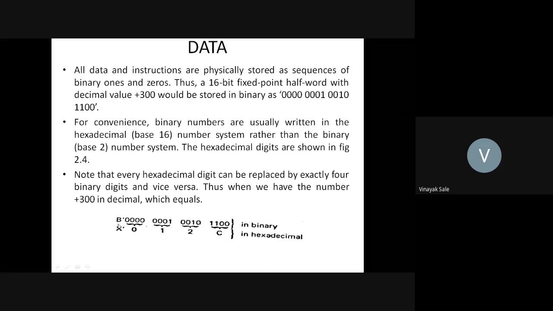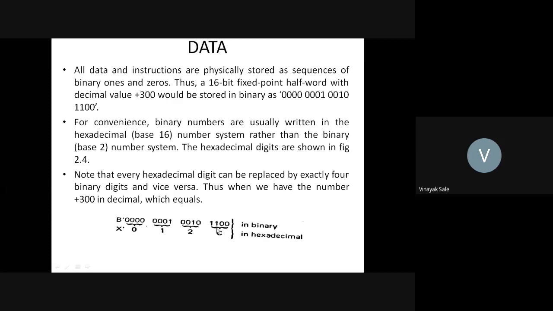Here the example is given as a binary format, starting from the right side. You should know the hexadecimal conversion: 0 to 9, and after 9 there is A, B, C, D, E and F. So what is the value of 1100 in binary format?